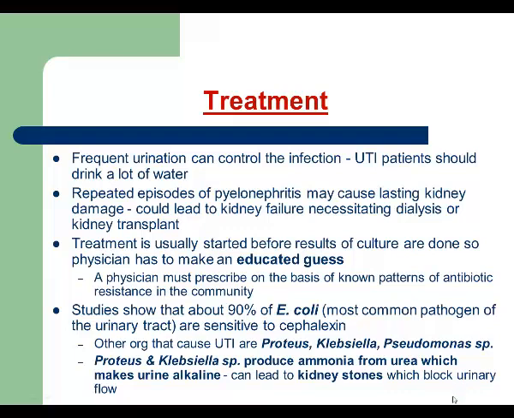The second part of the treatment of UTIs will be antibiotics. And usually the choice of antibiotic that is going to be used for treatment of UTI is based on the experience of the physician. Why? Because usually it takes a while, about 10 days or 2 weeks, to receive results of culture of the urine and the sensitivity test results.